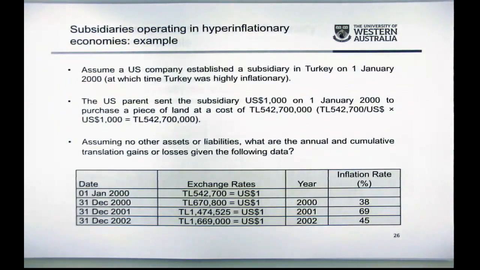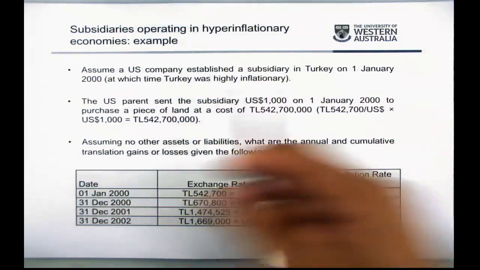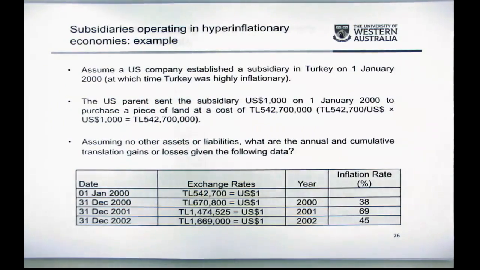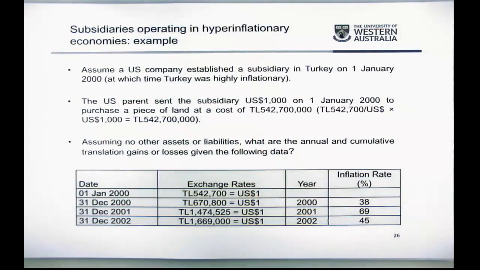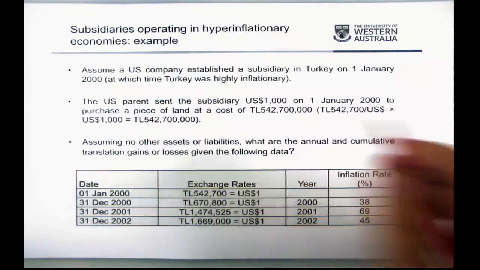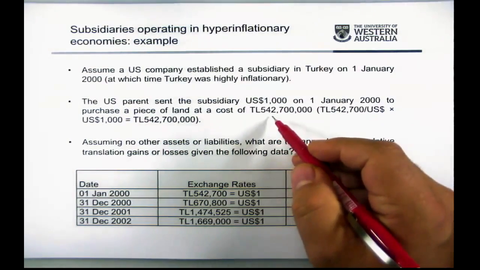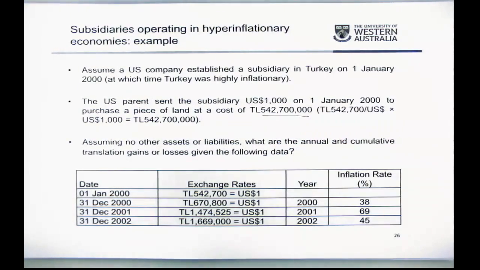So let us see an example. Assume a US company established a subsidiary in Turkey on the 1st of January 2000, at which time Turkey was highly inflationary. The US parent sent the subsidiary $1,000 on the 1st of January to buy a piece of land at a cost of 542,700,000 Turkish lira.